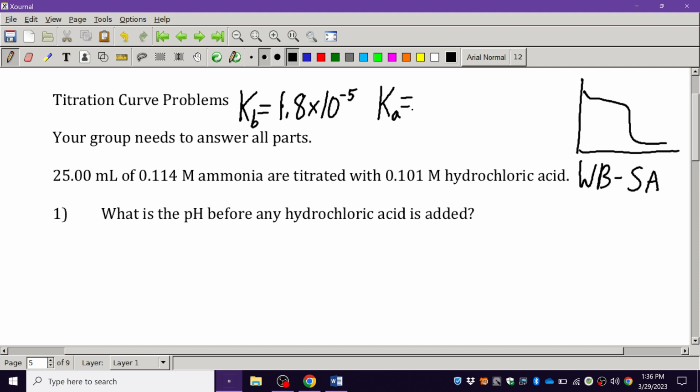So we're going to take Kw. We're going to divide that by our Kb. What do we get? Something like 5.5 times 10 to the negative 10th? 5.6, okay.